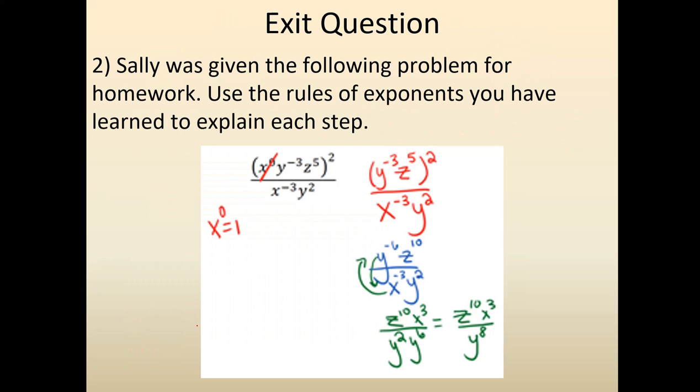Alright, so this is the exit question. Same old, same old. Here, once again, there was a problem given for homework. Sally's working on it, and you need to help her because you want to explain every single step that she did during her solving.